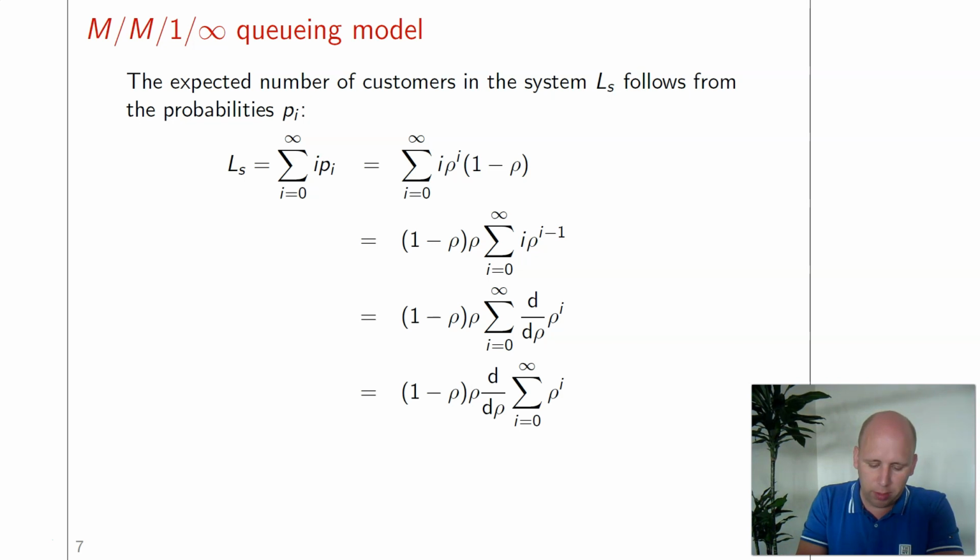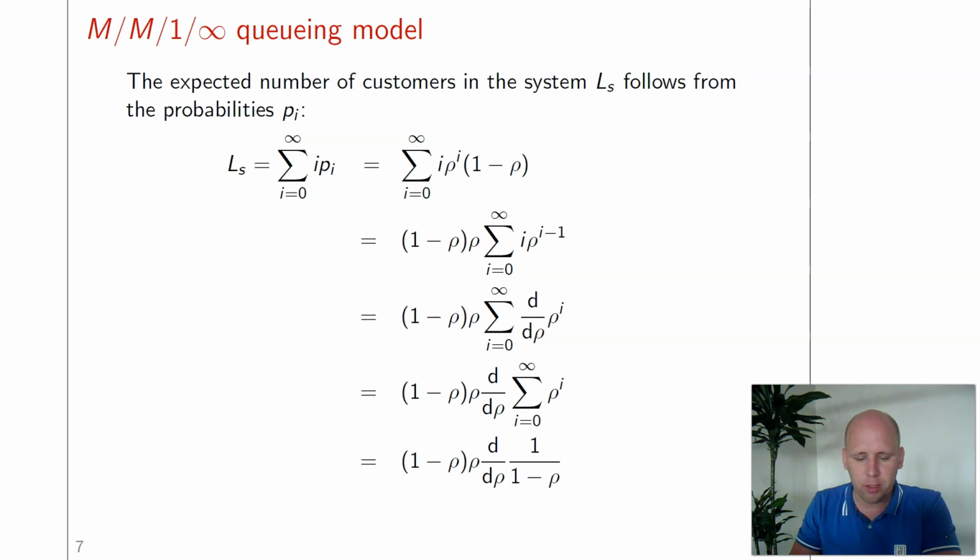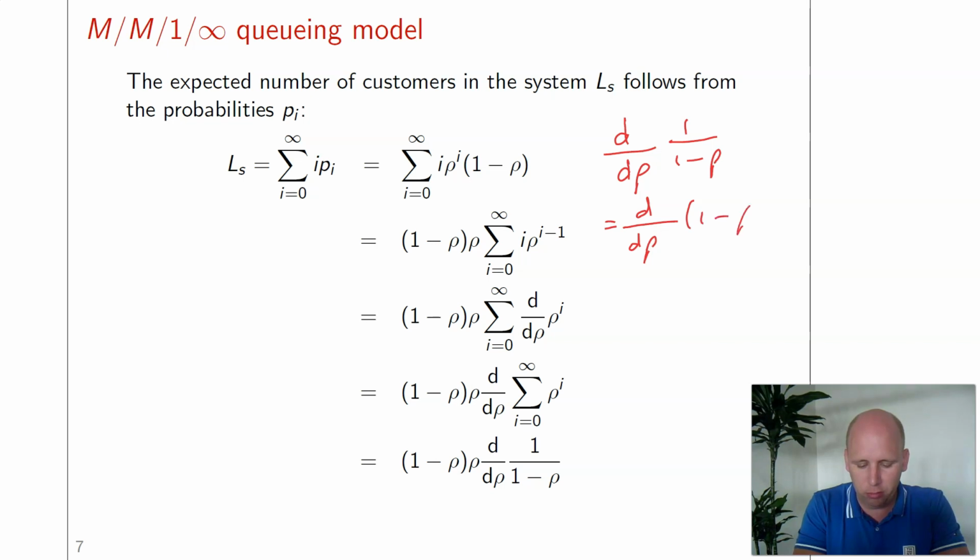And then here we have again a summation of a geometric series that is equal to 1 over 1 minus rho. And then the only thing that is left to do is to determine the derivative with respect to rho of 1 over 1 minus rho. It can be convenient then to write it like 1 minus rho to the power minus 1.